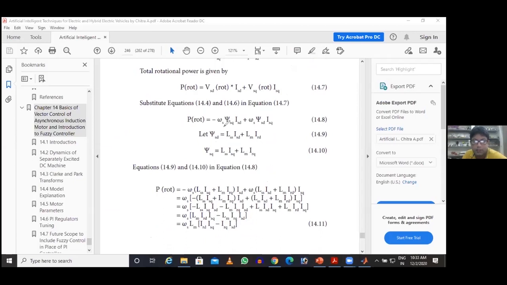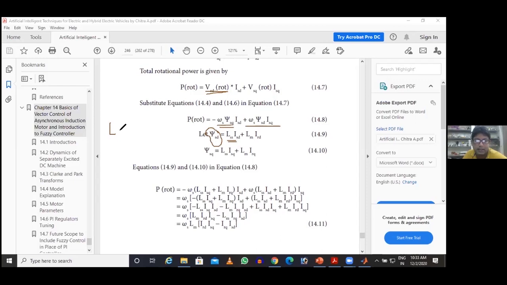Now you see here I am expanding it. From the previous equation we know V_SD rotational is equal to omega_s into psi_SQ. Similarly, I have put the same thing here. And this psi_SD, that means the stator direct axis flux, is very simple: L_SS into I_SD.